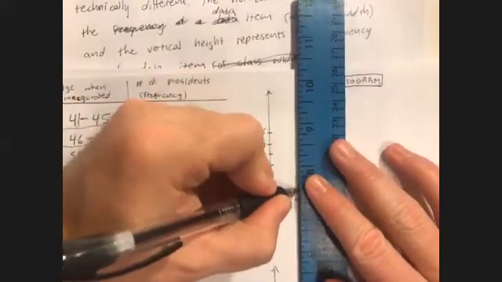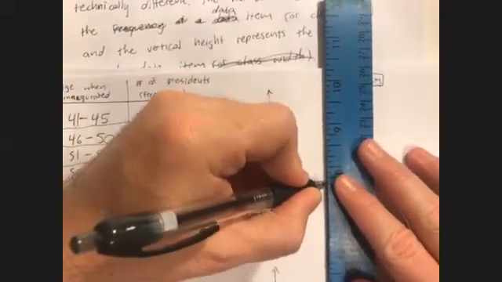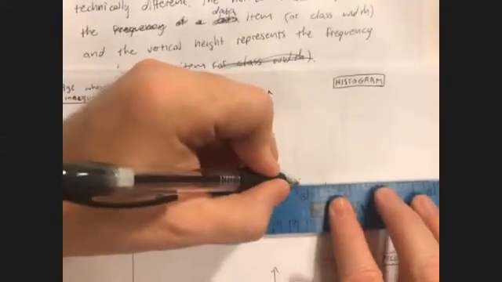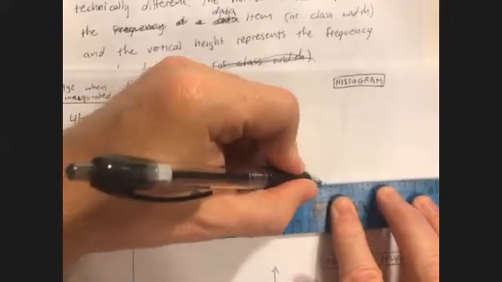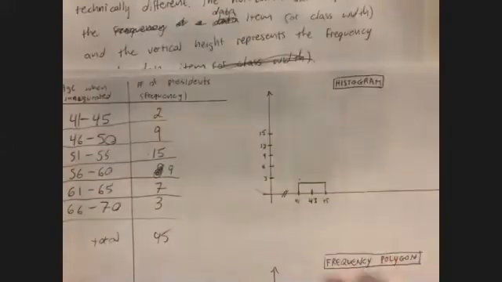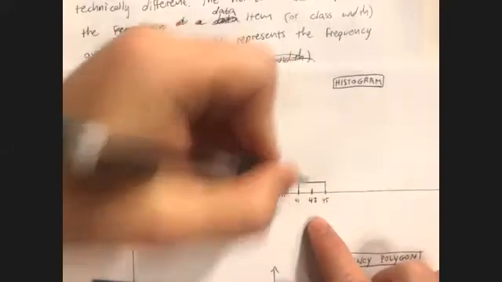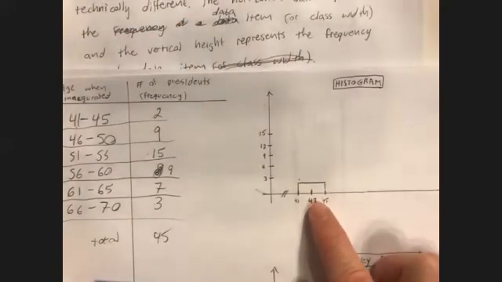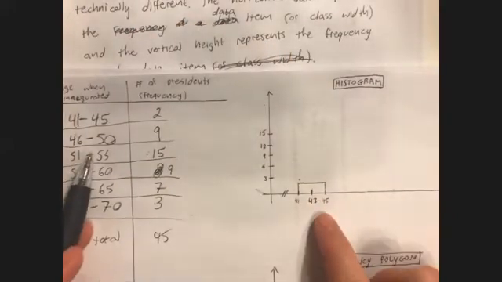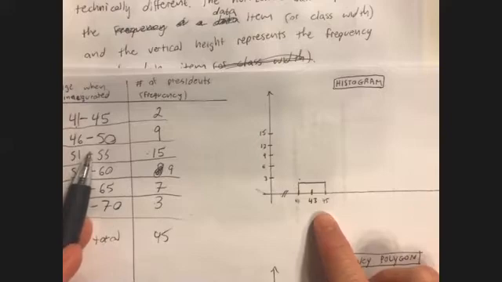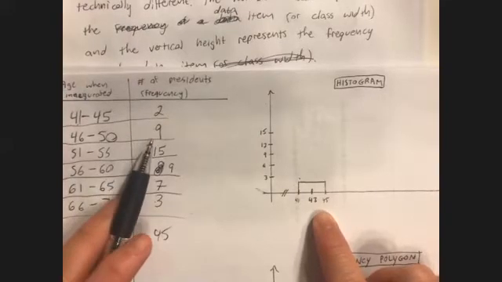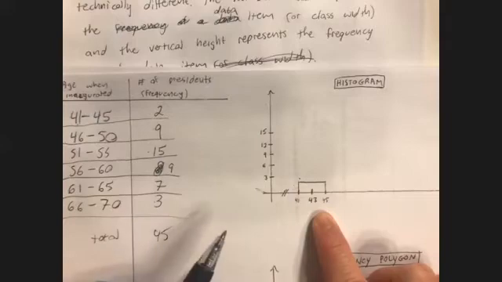I thought about doing this for you on Excel, but then I decided not to, since most of you wouldn't be using Excel in the homework anyway. So this is our first rectangle. Now my next one is between 46 and 50.